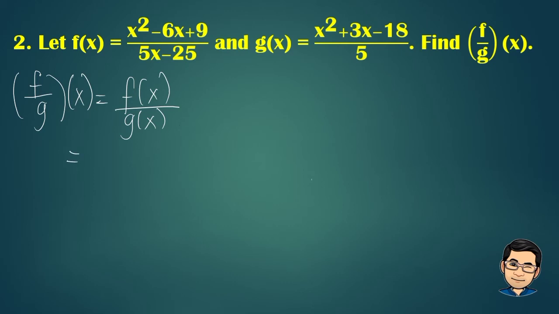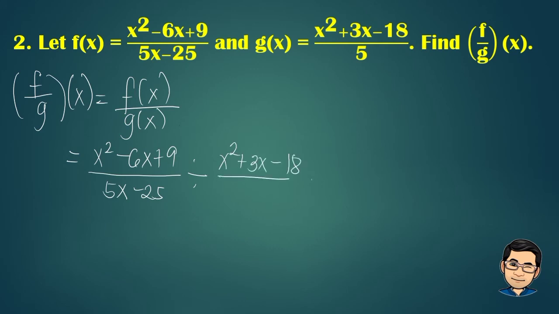Okay, f of x, that is x squared minus 6x plus 9 all over 5x minus 25, and then divided by g of x is equal to x squared plus 3x minus 18 all over 5.